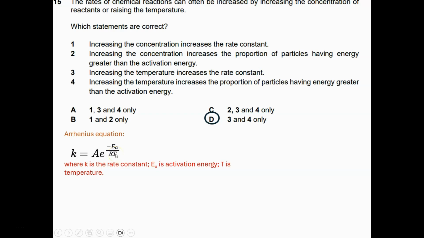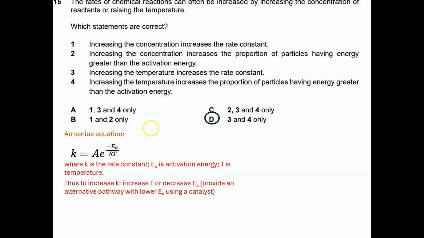So what this tells us is that the only two factors that can influence the rate constant of a reaction are, firstly, temperature, and secondly, changing the activation energy by using a catalyst, which provides an alternative pathway that has lower activation energy. So when I change temperature, I change the rate constant.